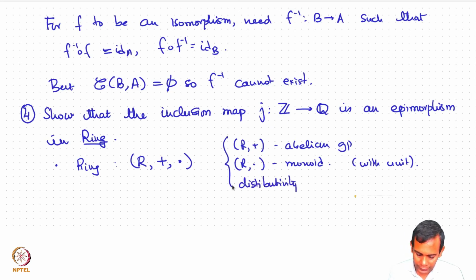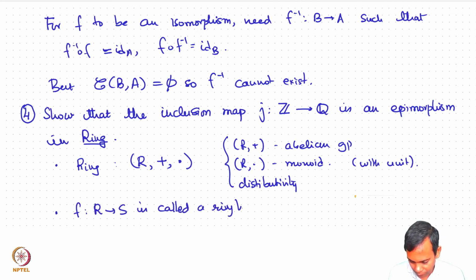The objects in the category Ring are rings, and morphisms are ring homomorphisms. So a ring homomorphism F is a group homomorphism from R plus to S plus and a monoid homomorphism from R dot to S dot.